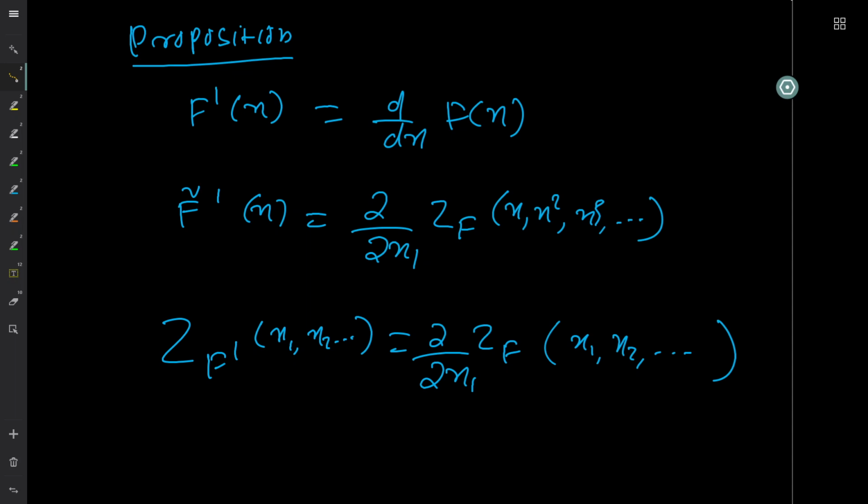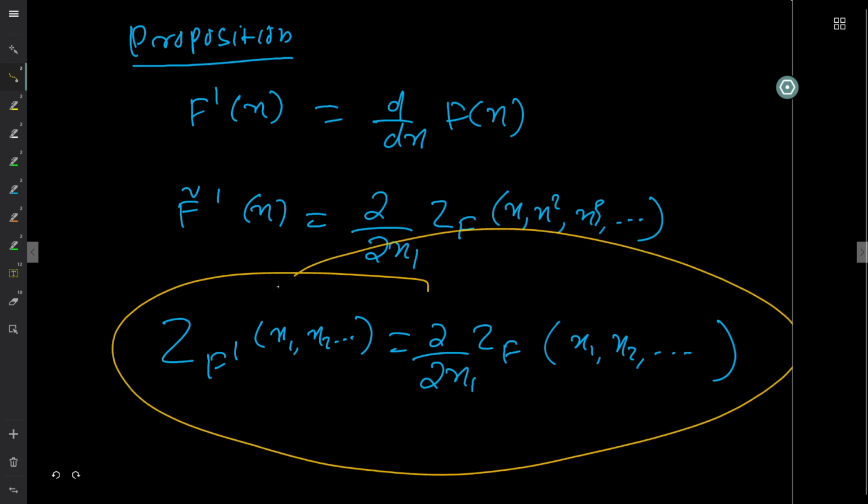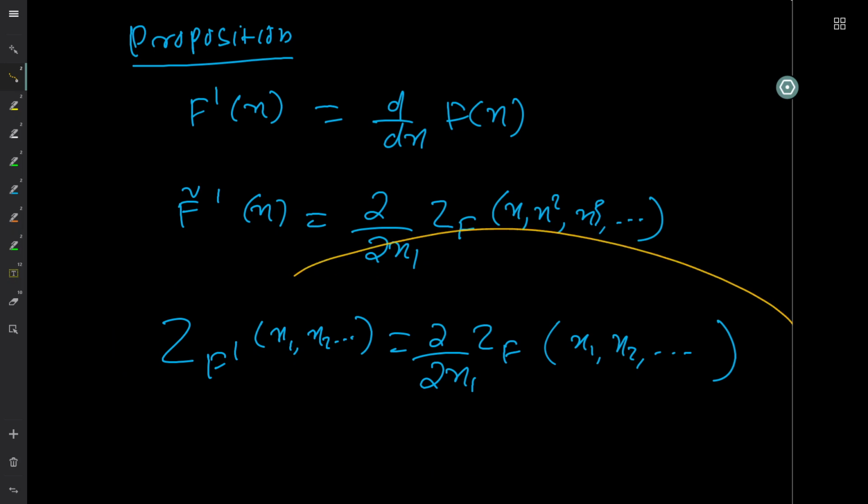Again, a proposition without proof: the derivative satisfies the following identities. The generating function F'(x) is equal to d/dx of F(x). F tilde'(x) is ∂/∂x1, the partial derivative with respect to x1 of the cycle index Z_F substituted with x, x squared, x cubed, etc. Then the derivative has the following cycle index series: Z_F'(x1, x2, etc.) is ∂/∂x1 of Z_F(x1, x2, etc.).